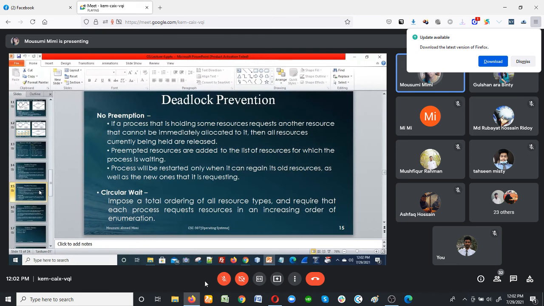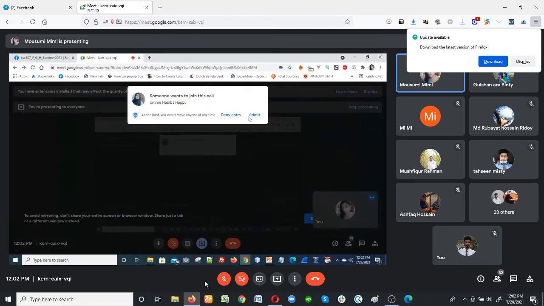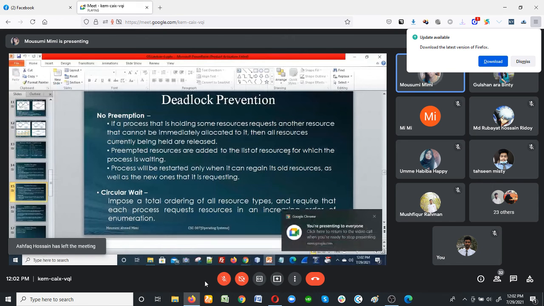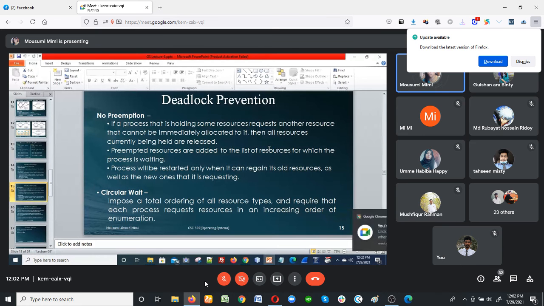So how can you use no preemption to prevent deadlock? If a process that is holding some resource requests another resource that cannot be immediately allocated to it, then all resources currently being held are released.